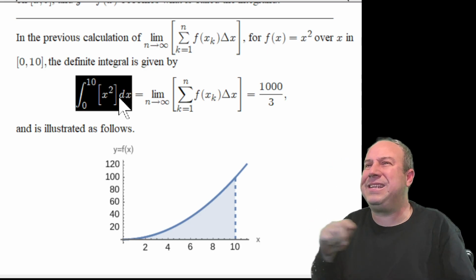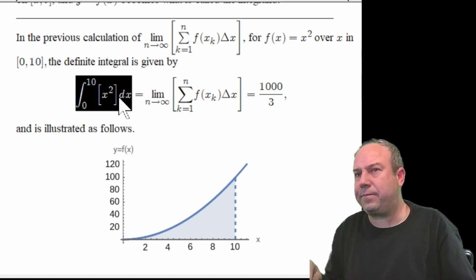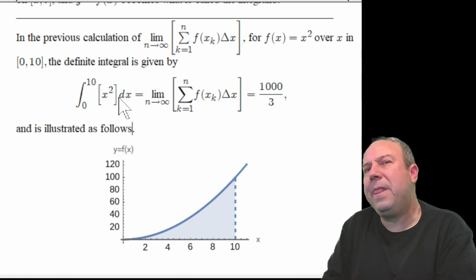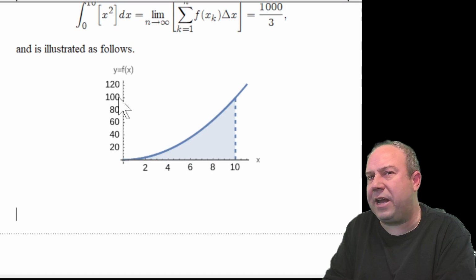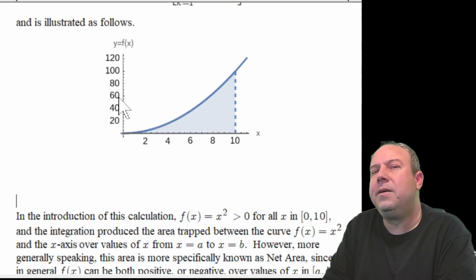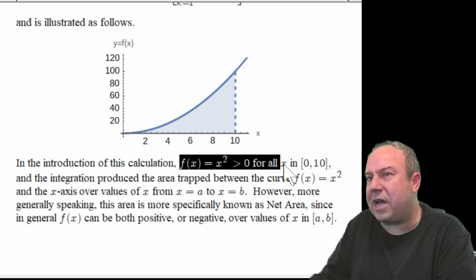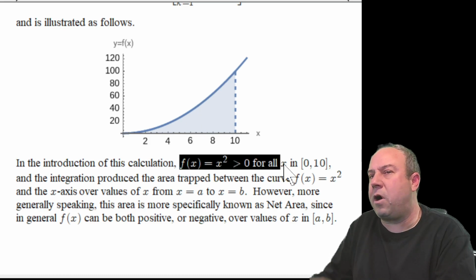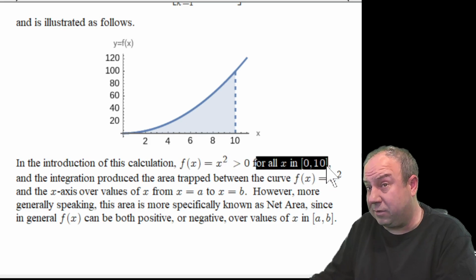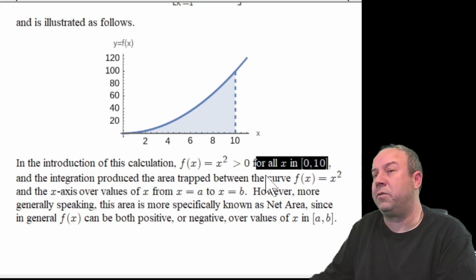Here we talk about a net area, right? In the previous case, we just called it area, right? Because x squared, f of x equal to x squared, was actually greater than 0 for all values of x, and particularly for all values of x in the interval from 0 to 10.